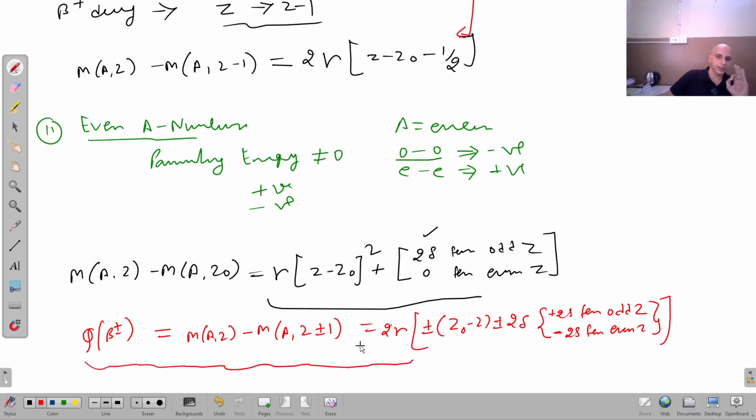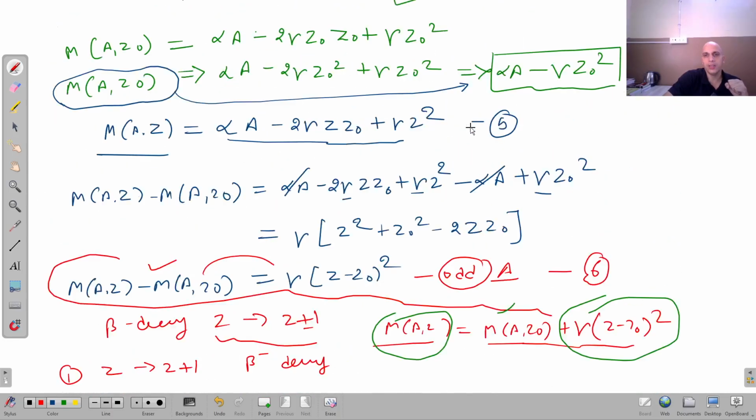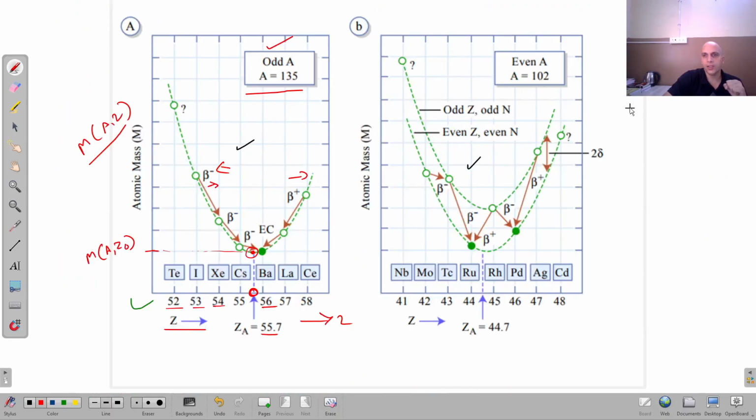But the thing that we came to know about even A nuclei is that in this case we will have two parabolas. You can see the graph shown here. As I told you, the graph on the lower side corresponds to even Z, it is written here, and this graph corresponds to odd Z. So two graphs.